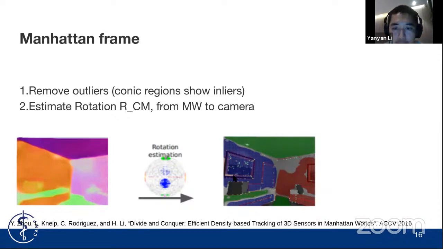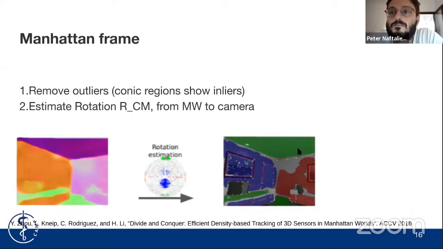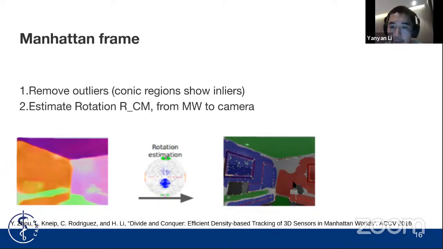For example, this is the first frame of this sequence, and then we find some parallel and some perpendicular planes.